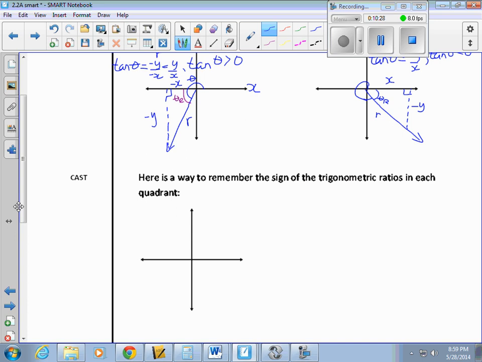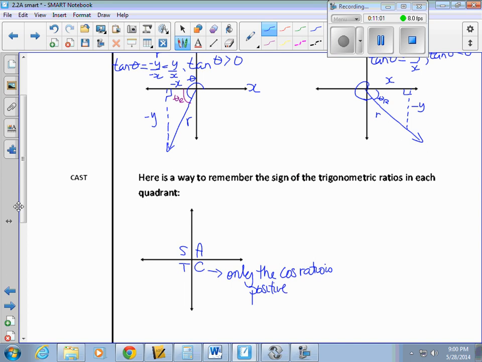So for the CAST rule, we start this way. We start in quadrant 4 is our C, quadrant 1 is our A, quadrant 2 is our S, and quadrant 3 is our T. So what that stands for is, in quadrant 4 where the C is, only the cos ratio is positive.